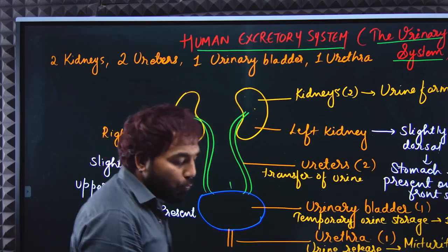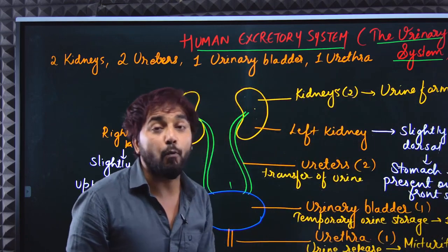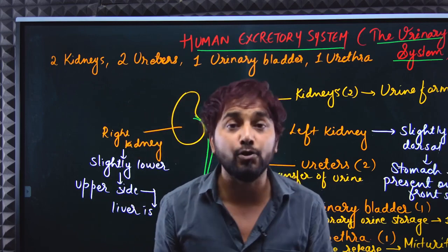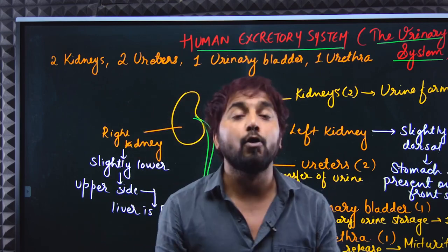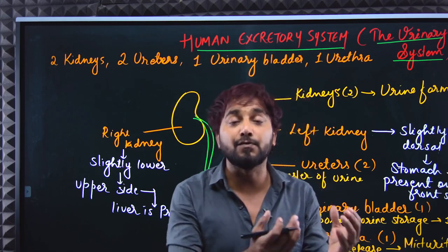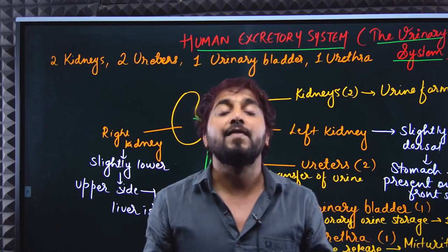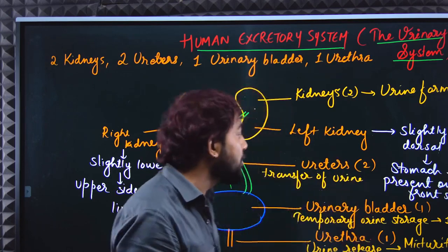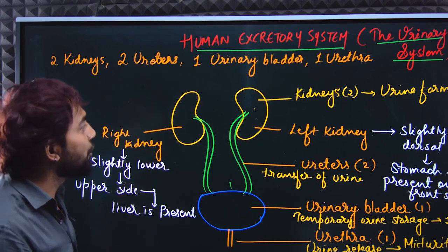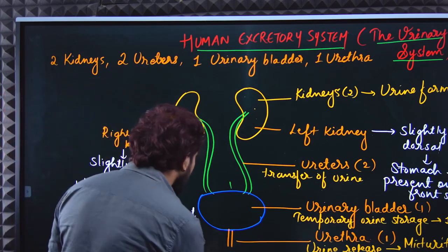Okay, so the kidneys are very important excretory organs which eliminate the nitrogenous waste from the body. These nitrogenous wastes are collected from the blood. The blood is filtered by every single nephron, and overall the entire kidney produces the urine. So this is a very simple structure of the human excretory system.